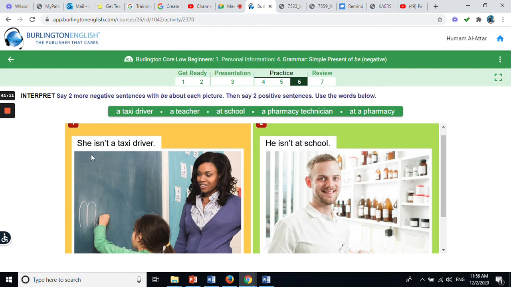No, look at the sentence here. Look at the picture. She isn't a taxi driver. So give two sentences that are positive about this picture and two negative about the same picture here.